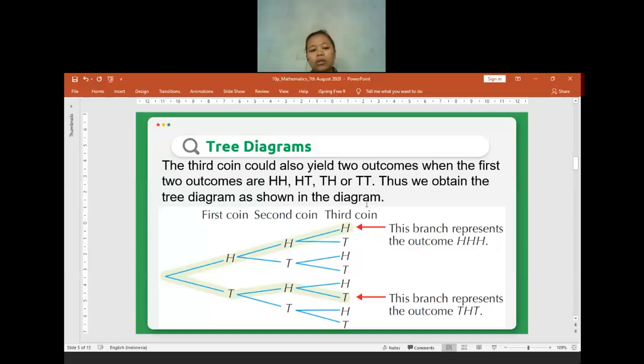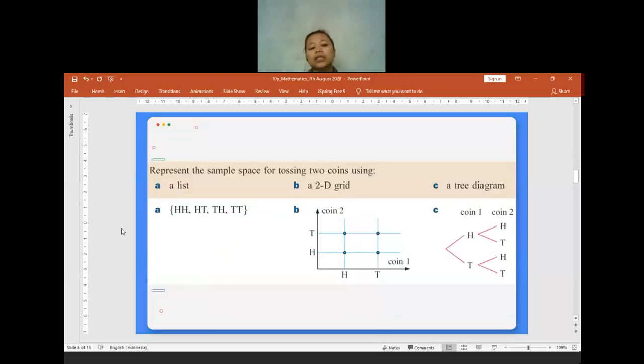Because mostly I take the questions from your textbook, but maybe for the explanation, I will take it from another textbook. That's why you will still be able to complete your textbook if you want to study from the PowerPoint. In here, let us discuss some examples of finding the sample space of any experiment that we use.